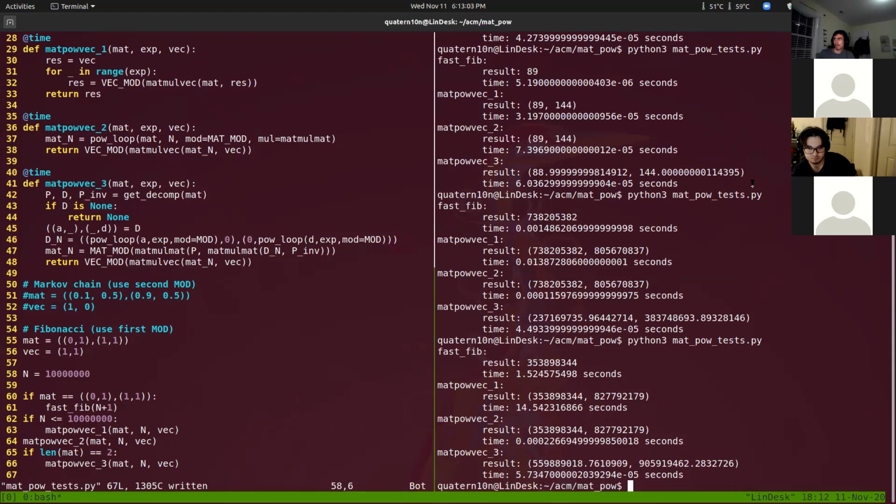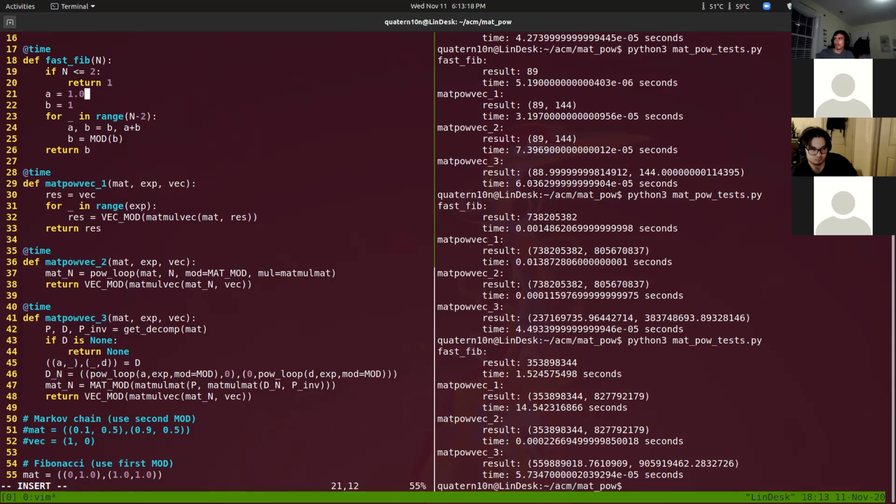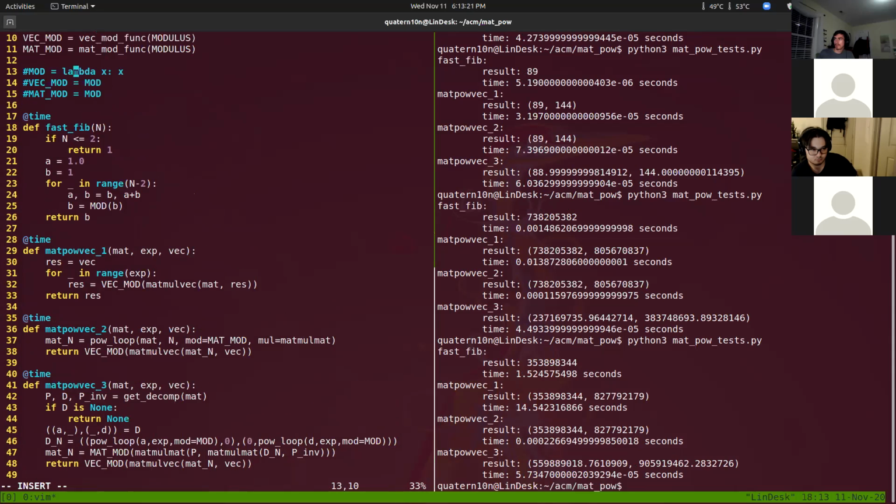Which is pretty interesting. Another thing I can do, just to show you that it actually is fairly accurate, is convert the other ones to use floats, even this one here, and then remove the mod.